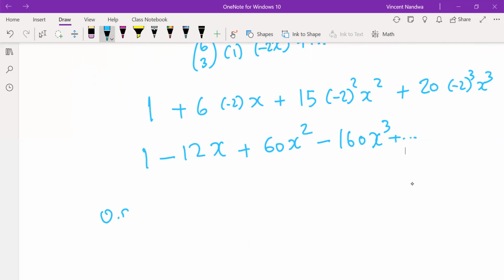So now 0.98 can be written as 1 + (−0.02).